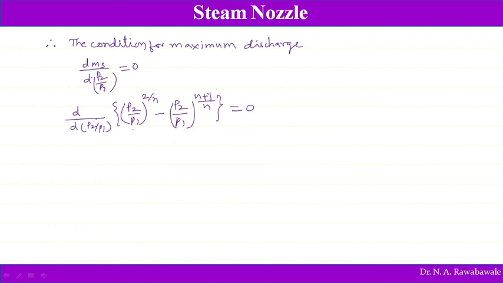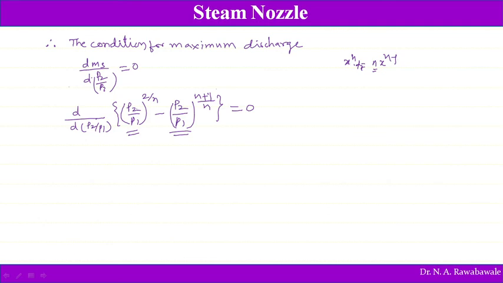So first of all, we want to differentiate these two terms with respect to p2 divided by p1. The differentiation of x to the power of n is given by n x to the power of n minus 1. So the power is taken into the multiplication and 1 is subtracted.